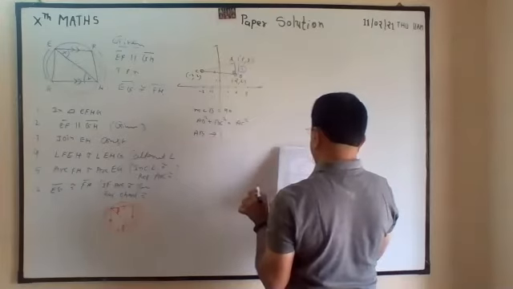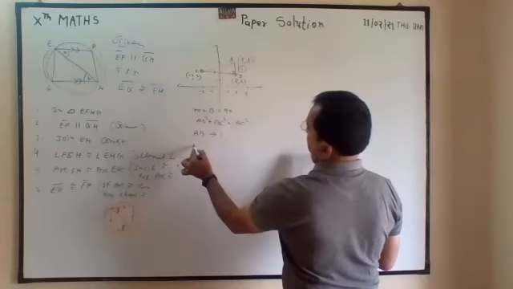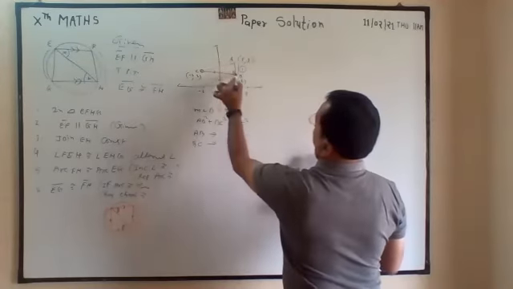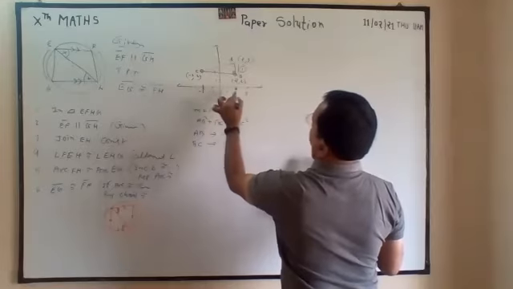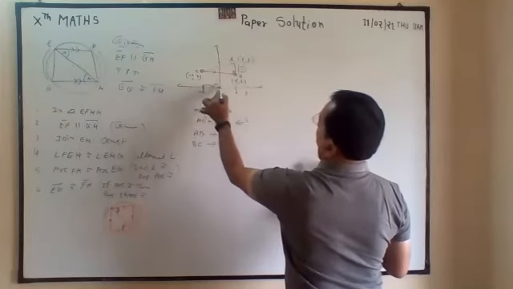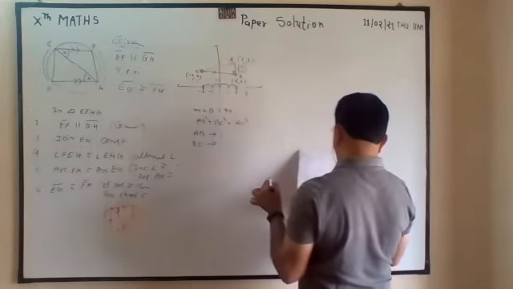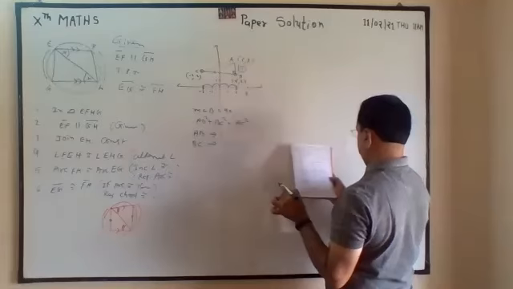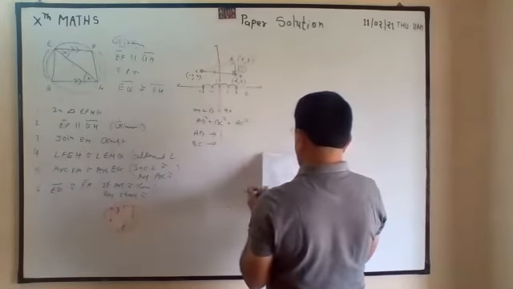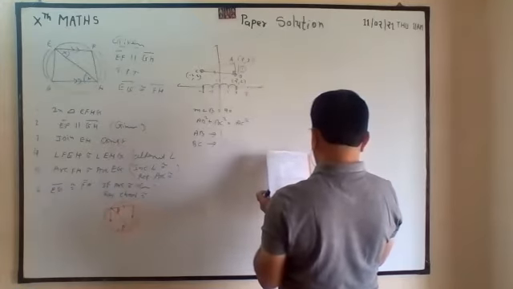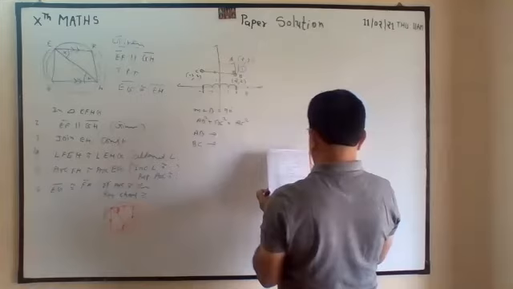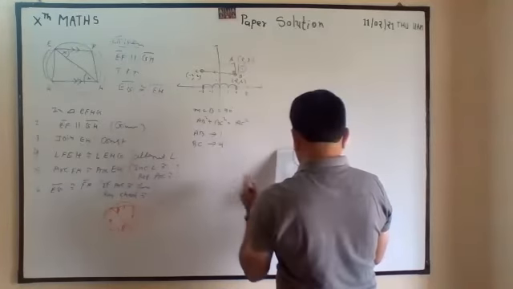Then they have asked BC is how much? From this point to this point, 1, 2, 3, 4. Correct? That is 4.